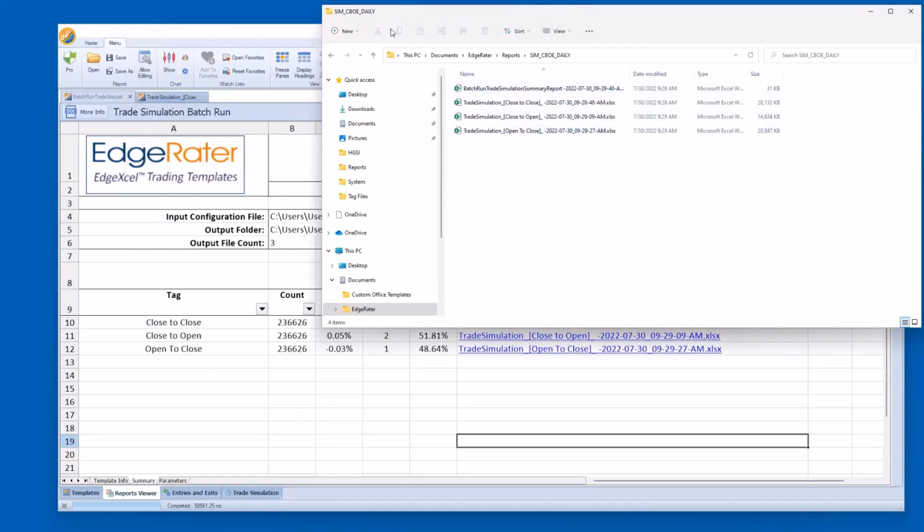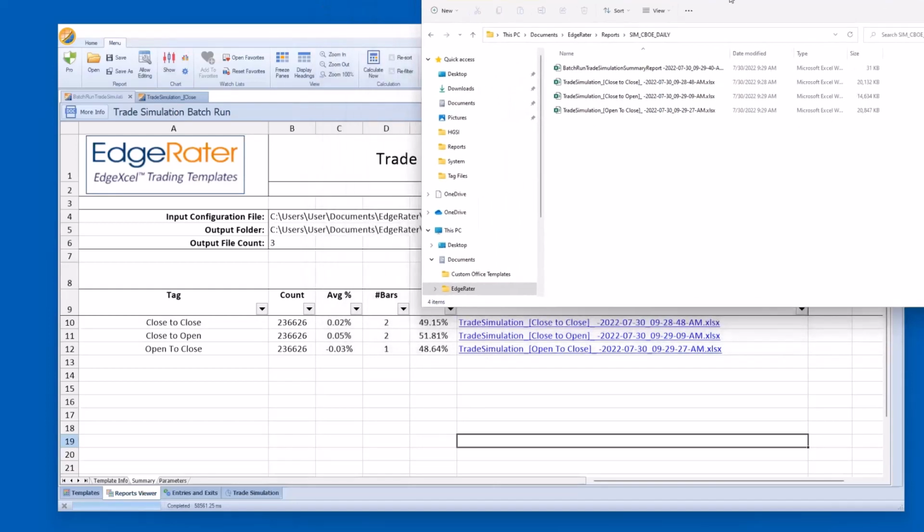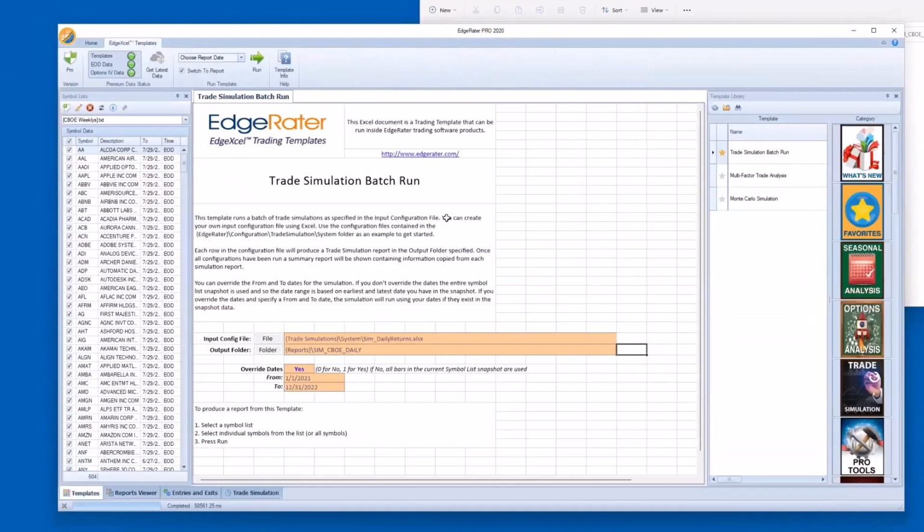So then, and I probably ran this on way too many stocks to run the multi-factor analysis, but let's give it a try. This might take a while. Yes, this might take a while.